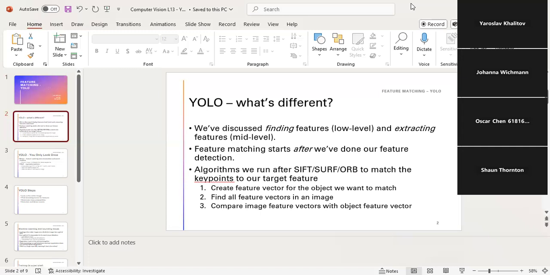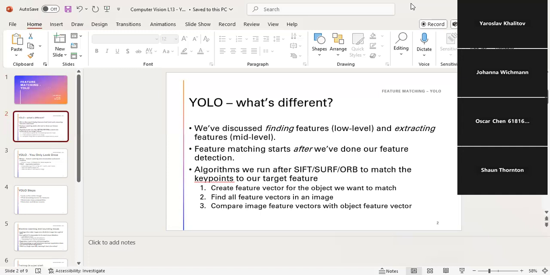What we're doing now with YOLO is it's not finding key points, and we're not seeding it with a source image to find our target feature vector. What we've done so far is, we've found our features and we matched our features.